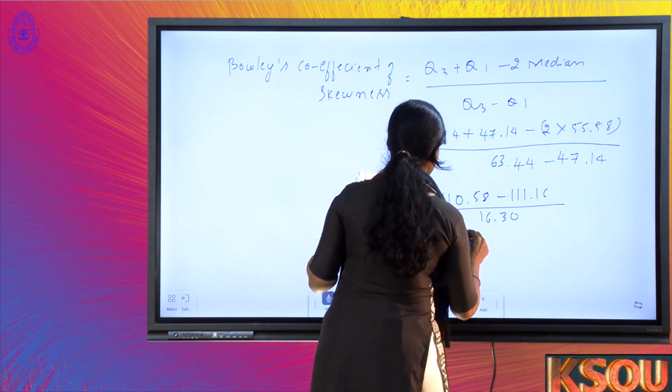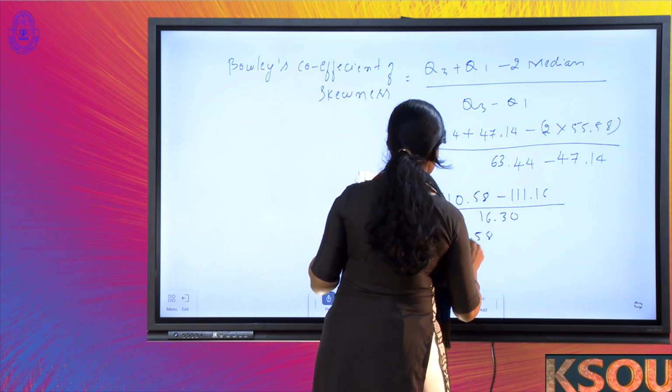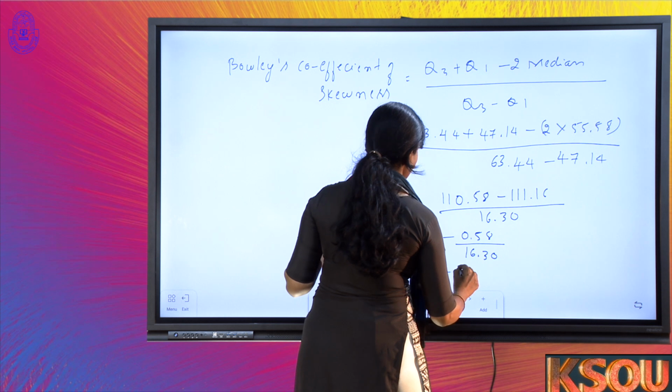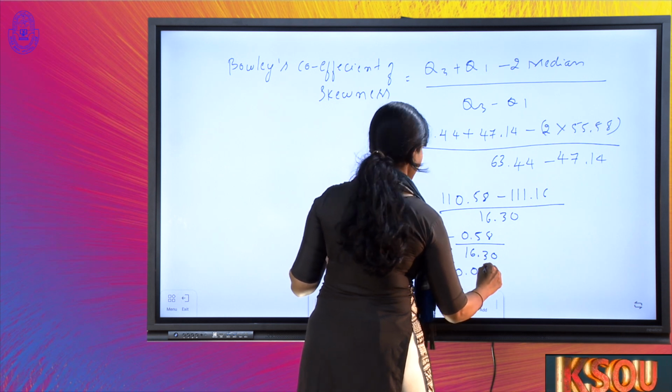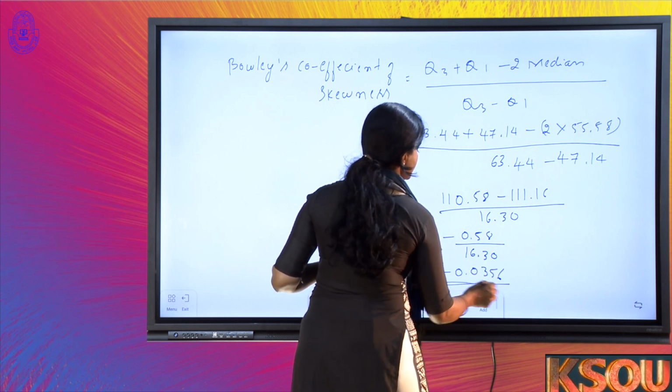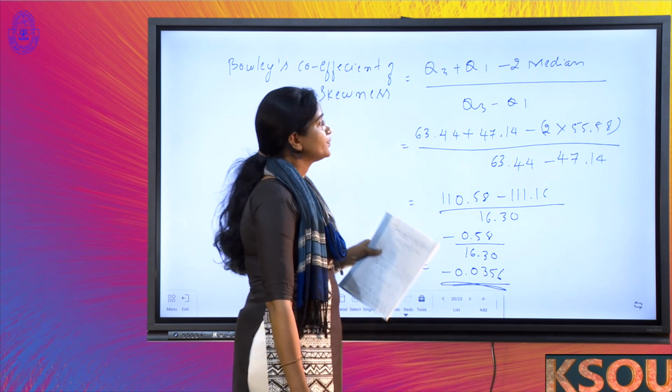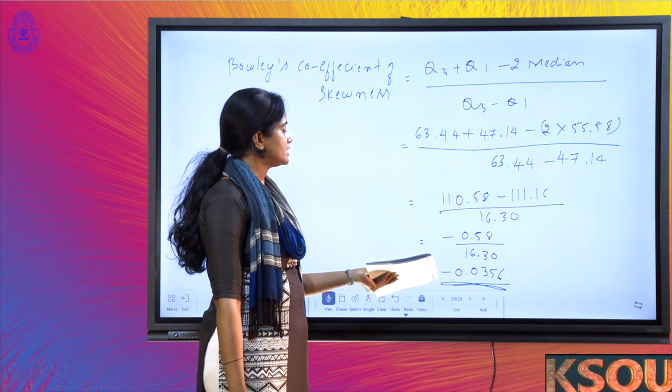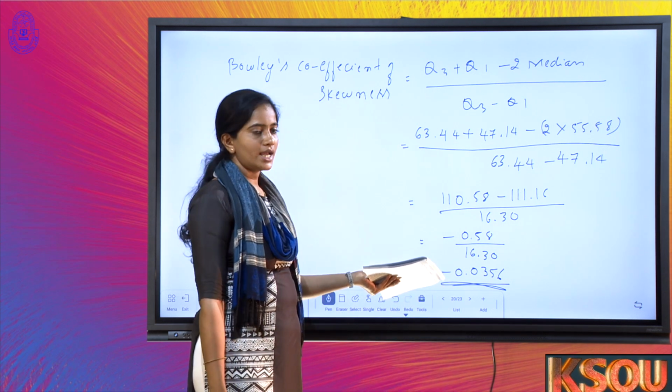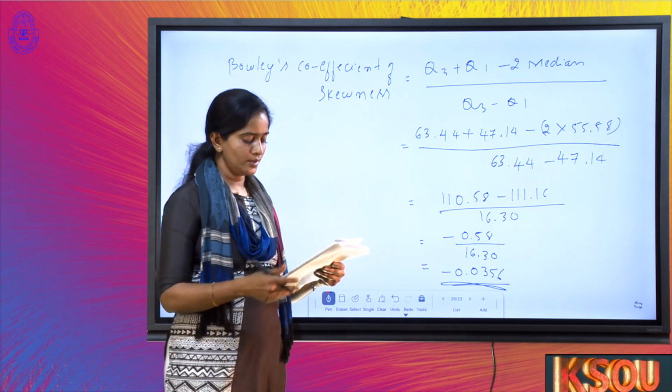So, in the numerator 0 minus 0.58 by 16.30. So, you will have to get the value, which is minus 0.0356. So, this is the Bowley's coefficient of skewness, that is negatively skewed, since we got a negative value.